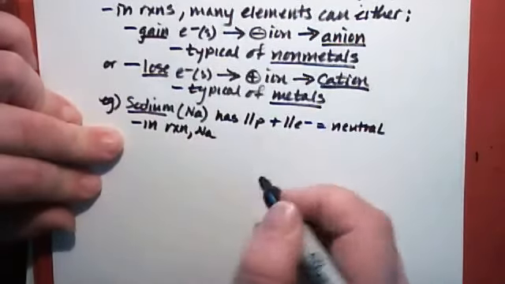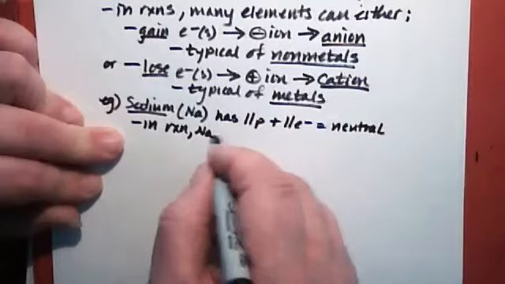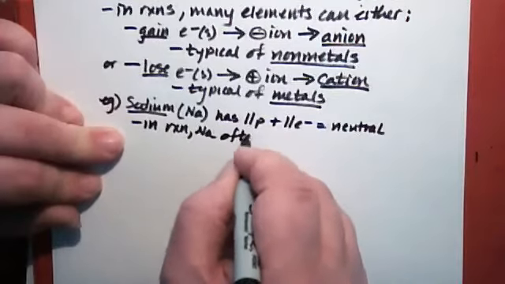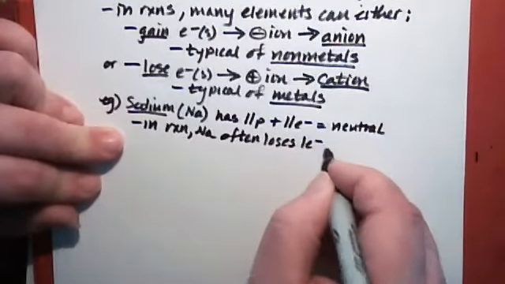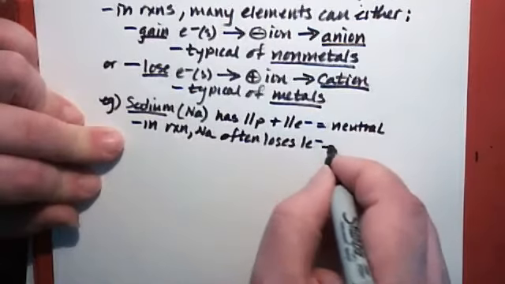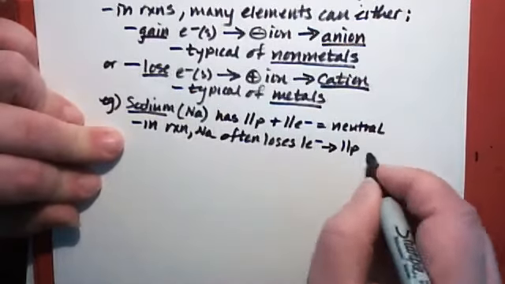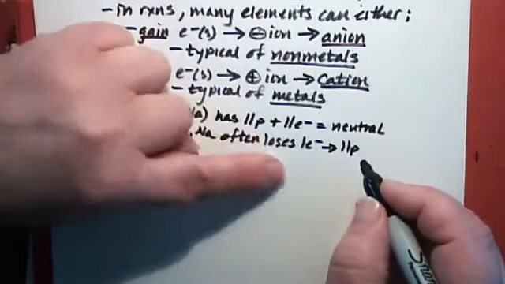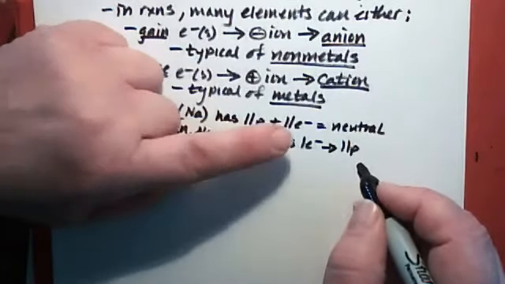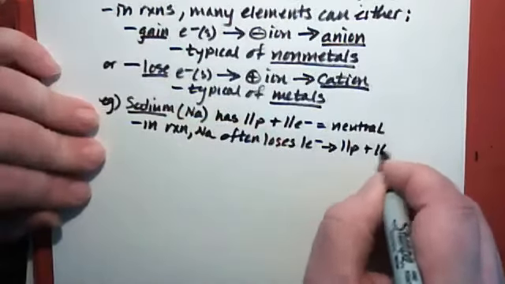In reactions, sodium will often lose one electron. And losing one electron means that it has 11 protons like it did at the beginning, because it's not gaining or losing protons. They're hidden way down in the nucleus. They don't change, but it now has 10 electrons.